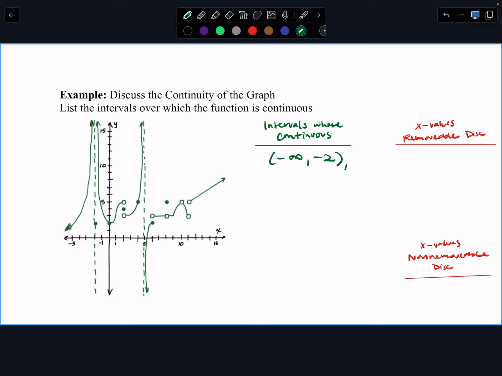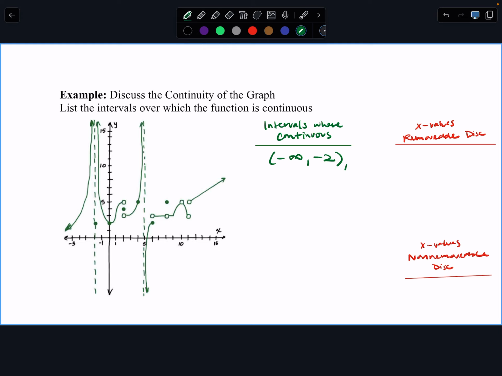The function is defined at negative 2, but because the function is approaching positive infinity from the left, that one-sided limit would not match the function value, going back to the definition.